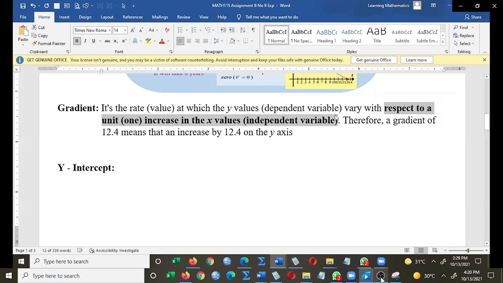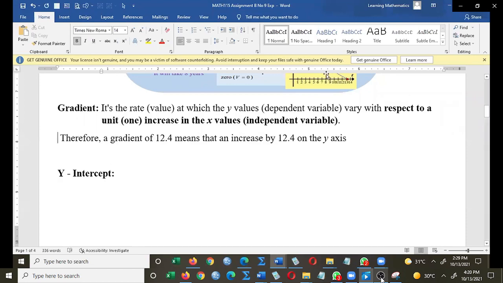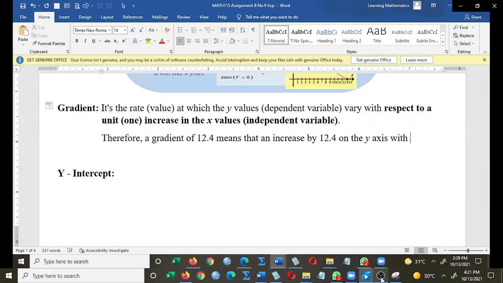You need to complete it. So a gradient of 12.4 means an increase by 12.4 on the y-axis, with an increase of 1 unit on the x-axis.